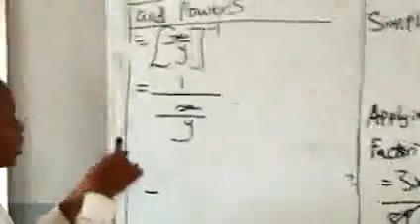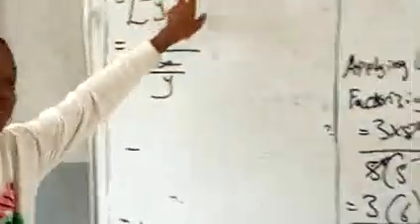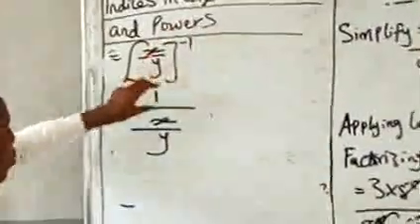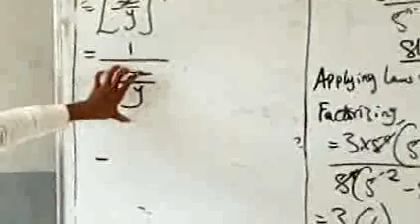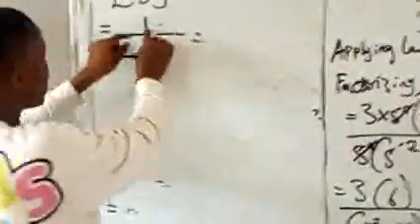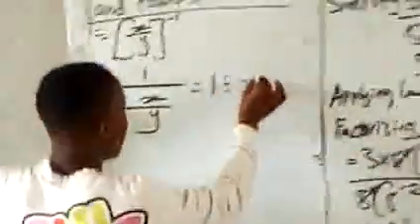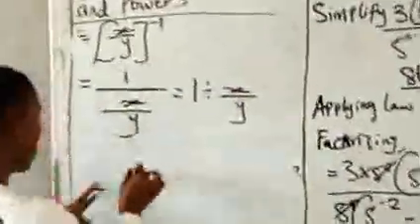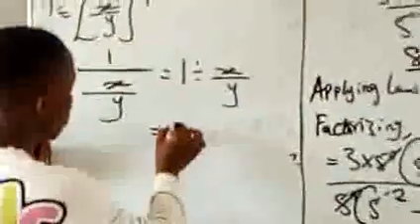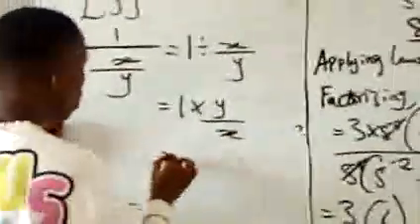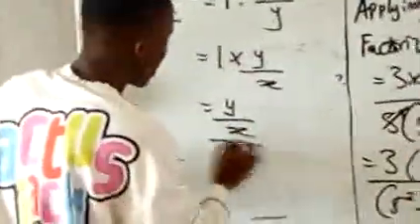This 1 over came from this negative sign. Negative sign will be 1 over. We now break this down, x over y. Now recall, this sign is what? Division sign. So 1 divided by x over y. When division changes to multiplication, this will turn over. So we now have 1 times y over x. So y times 1 is y. So therefore we now have y over x as our final answer.